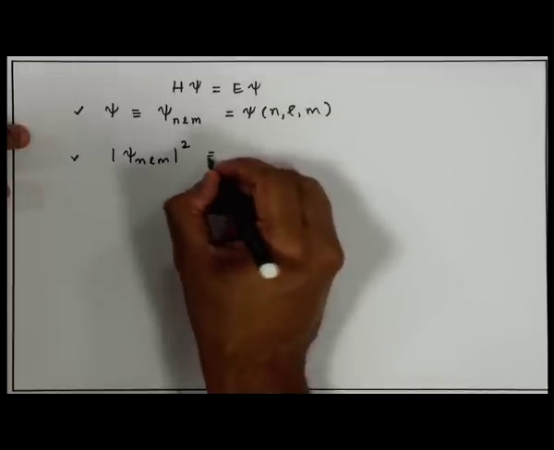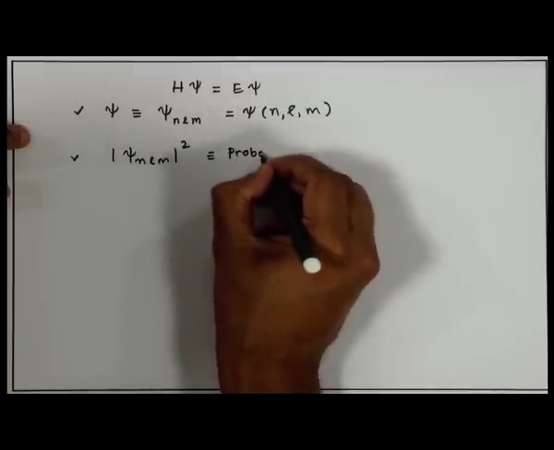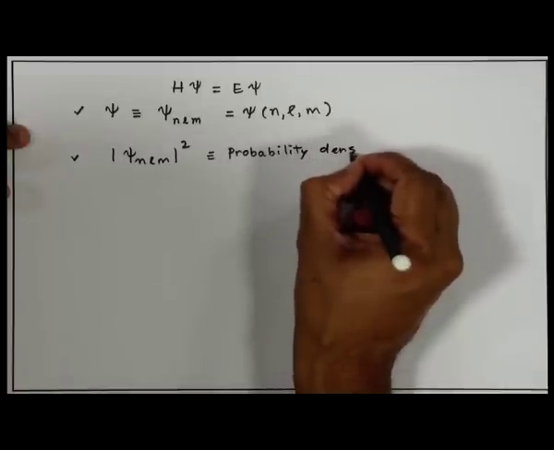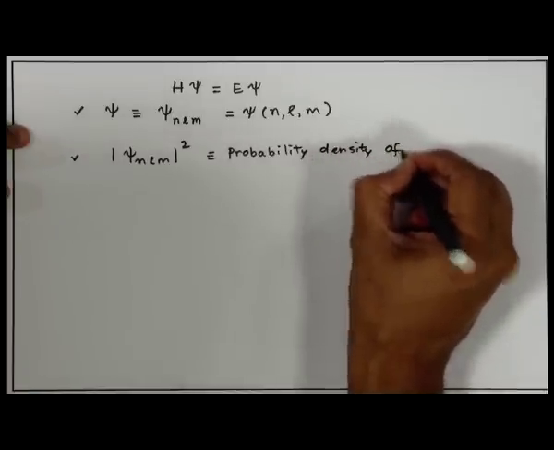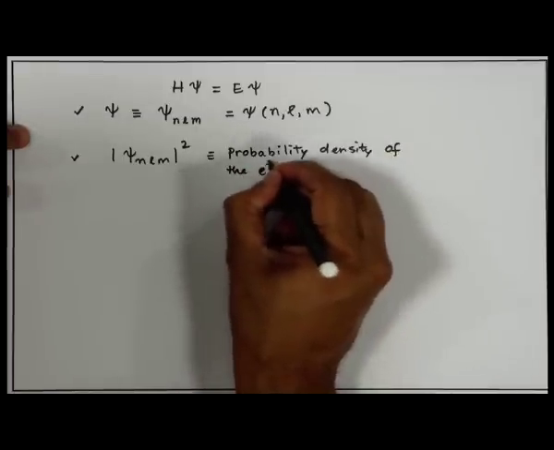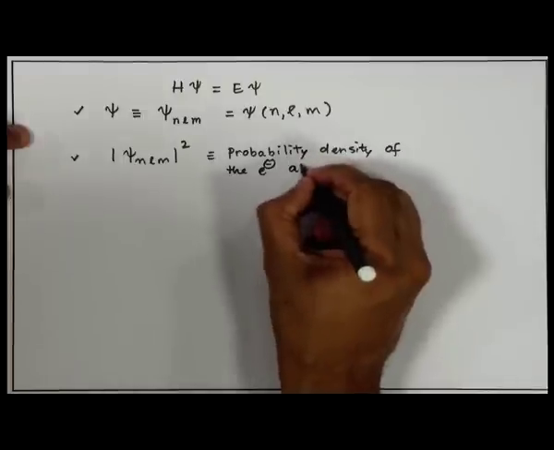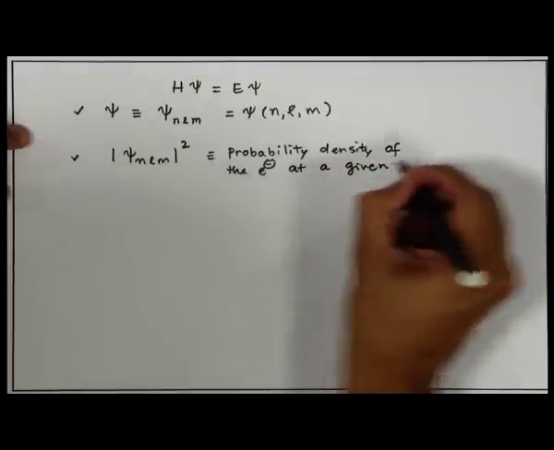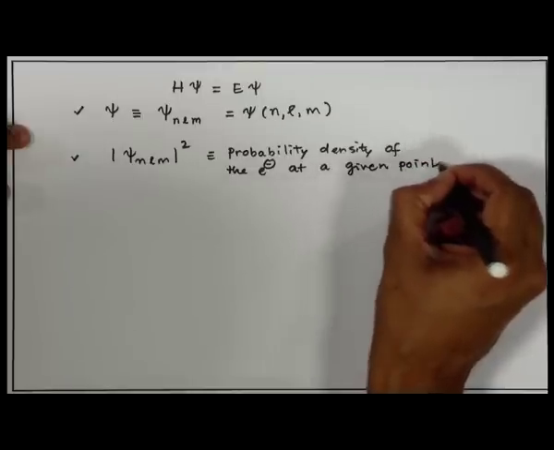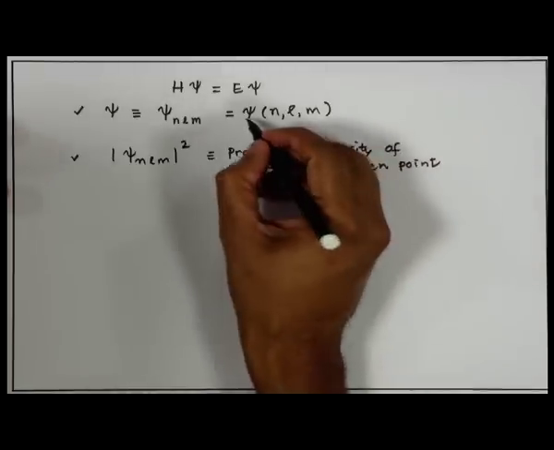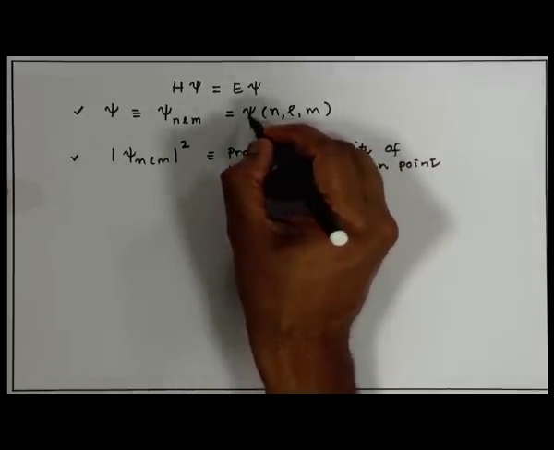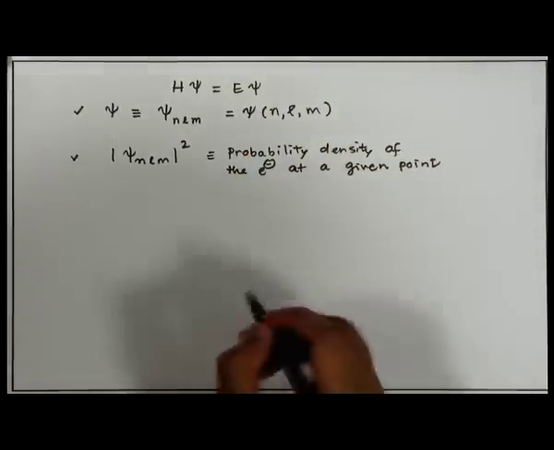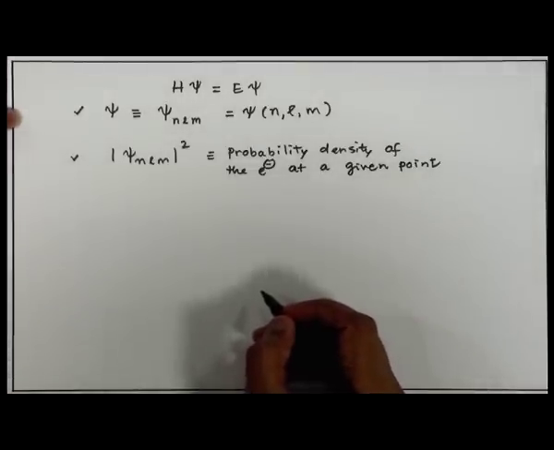This tells us the probability density of the electron at a given point. This is important, because at a particular point you have a particular value of this wave function, and the square of it is actually the probability of finding that electron at that point. All right.